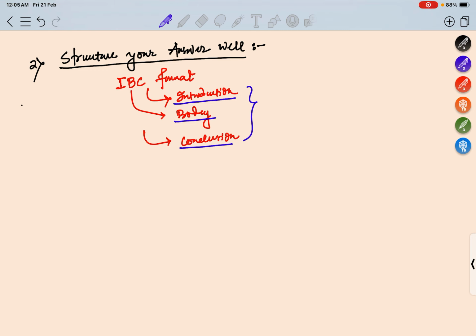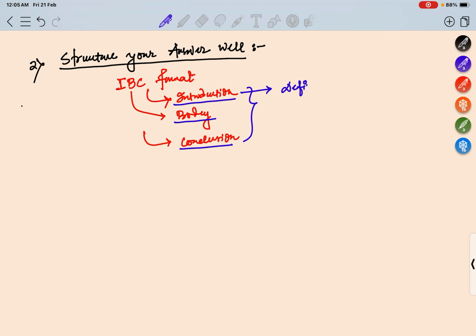Now we'll understand what particularly an introduction should have. Introduction is simple. Just define the key term they are asking in the question, or give a context of the question, like any current event or any incident.